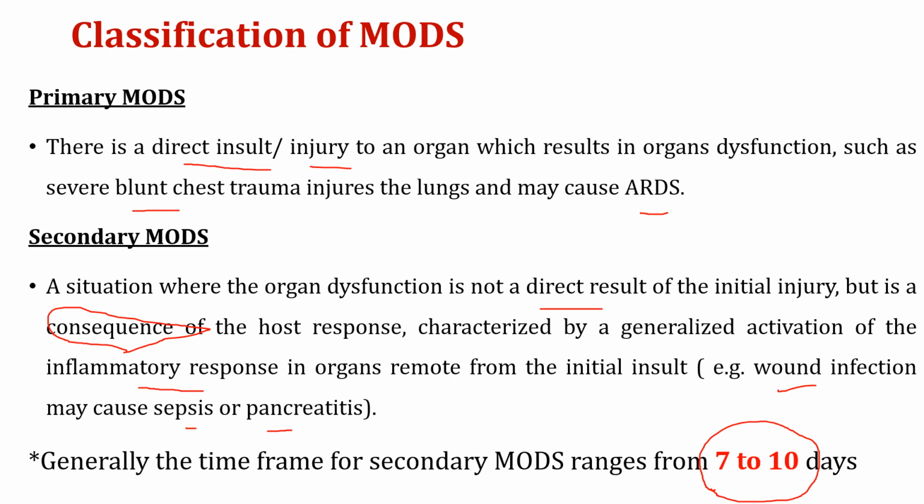In general, you have to know that secondary multiple organ dysfunction syndrome can develop within 7 to 10 days post exposure to the primary insult.